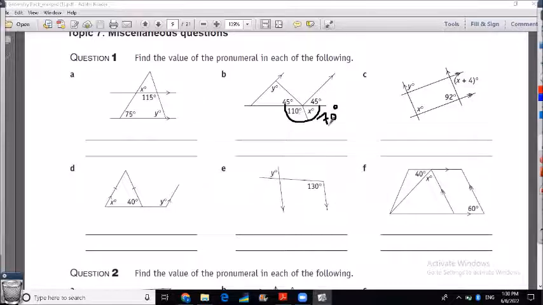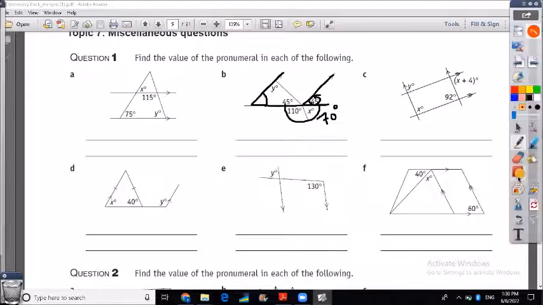Look at this. Now we found x, it's 70. Can you see these two parallel lines? If this is 45 degrees, don't you think that this should also be 45 degrees? Look at the F letter over here, making corresponding angles. This is 45 degrees, so this one is also 45 degrees.